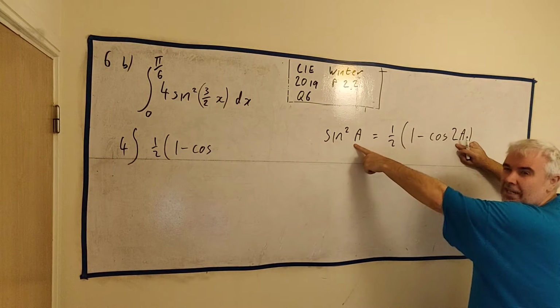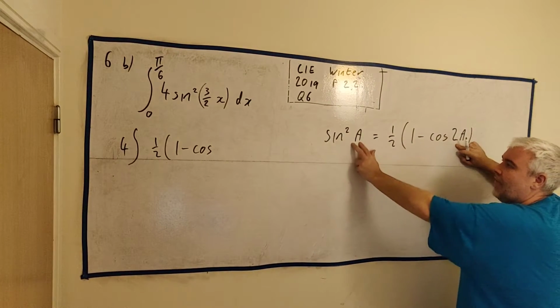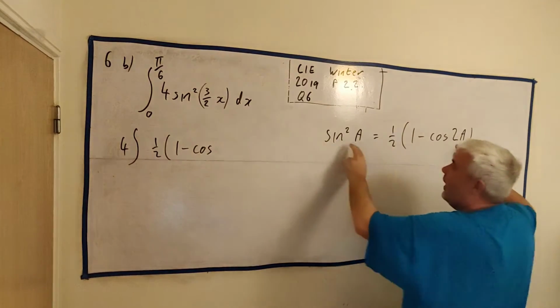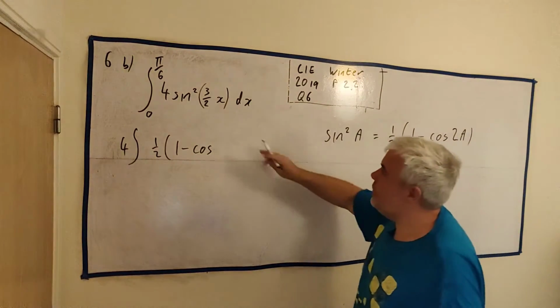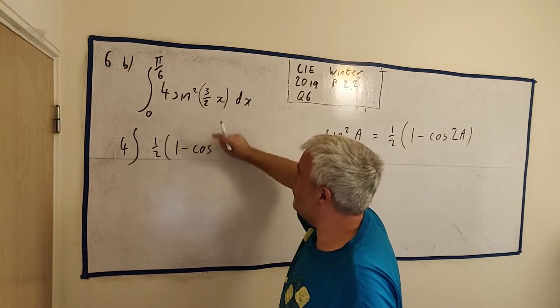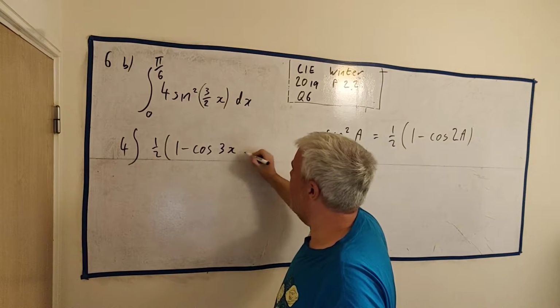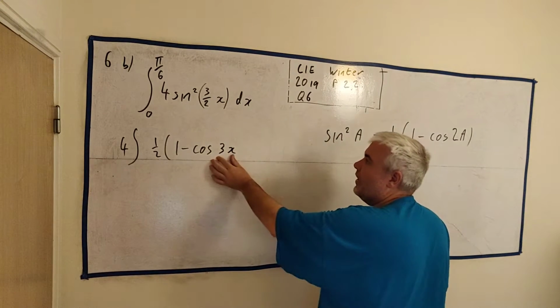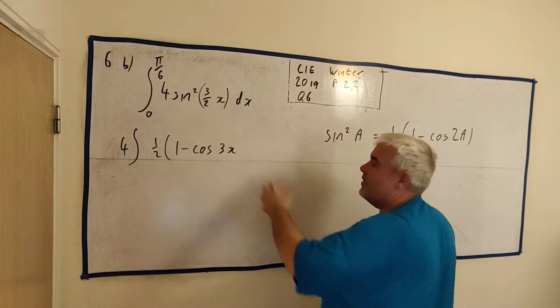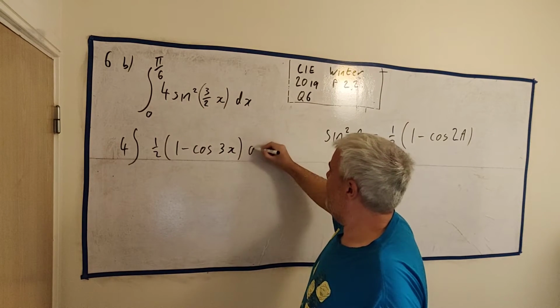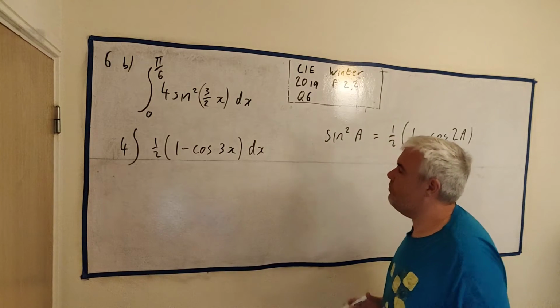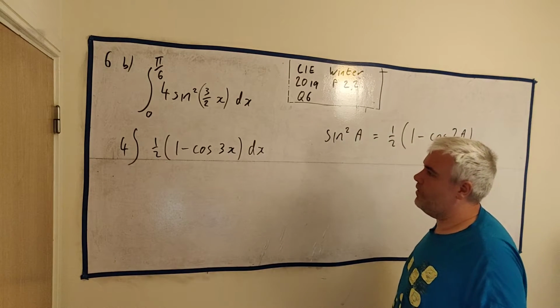But I need 2 times that, because A becomes this, 2 times A becomes 2 times this. The 2's cancel. We get 3x. Hopefully you follow where I got this 3x from. It's 2 times this, and the x never changed. I didn't have to substitute out x in any way.